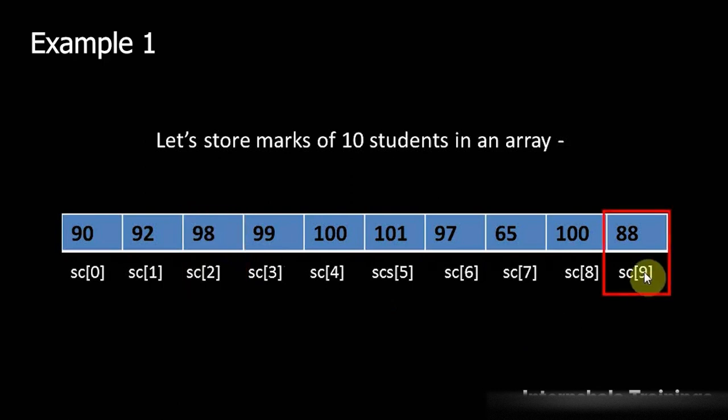Hence SC9 happens to be the score of the 10th student. SC square bracket 9, what is it? Array element. And 88 is the value of this array element SC9. And in this example, it denotes the marks, the score of the 10th student. So all these elements are stored in contiguous memory locations.